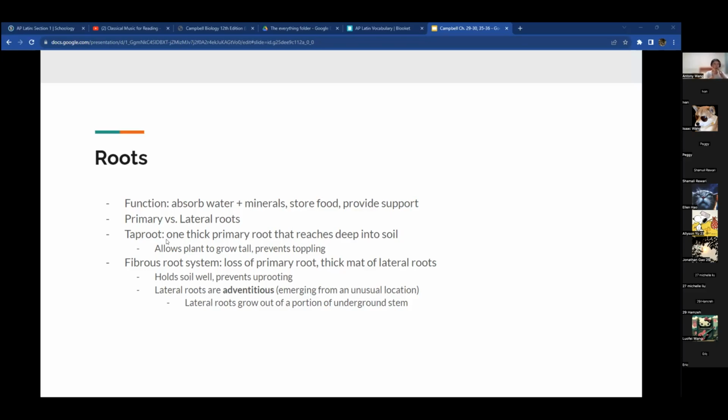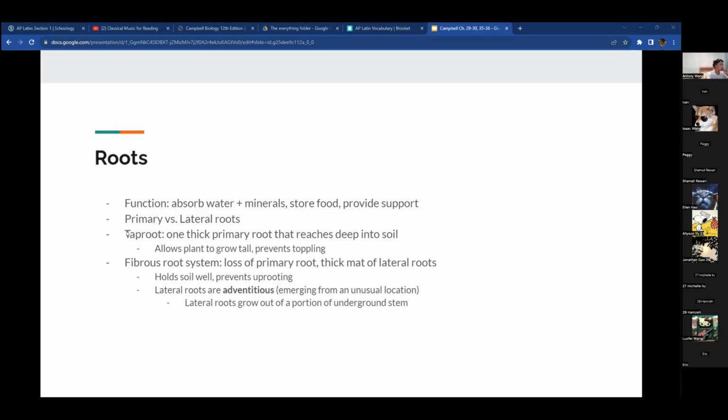There's the primary root, which is the original root that was produced with the zygote. So this is like the OG, the very first root. And there are lateral roots, which will branch out from the first root.